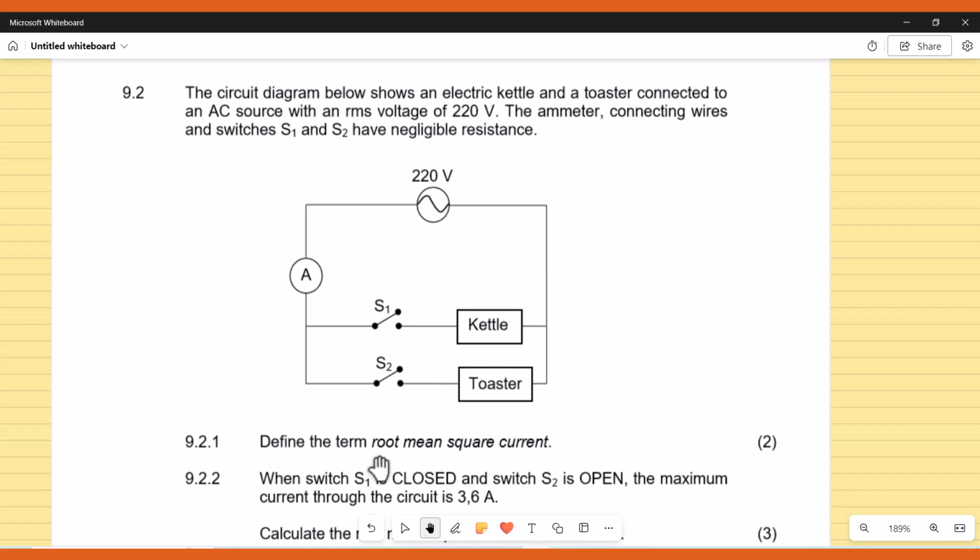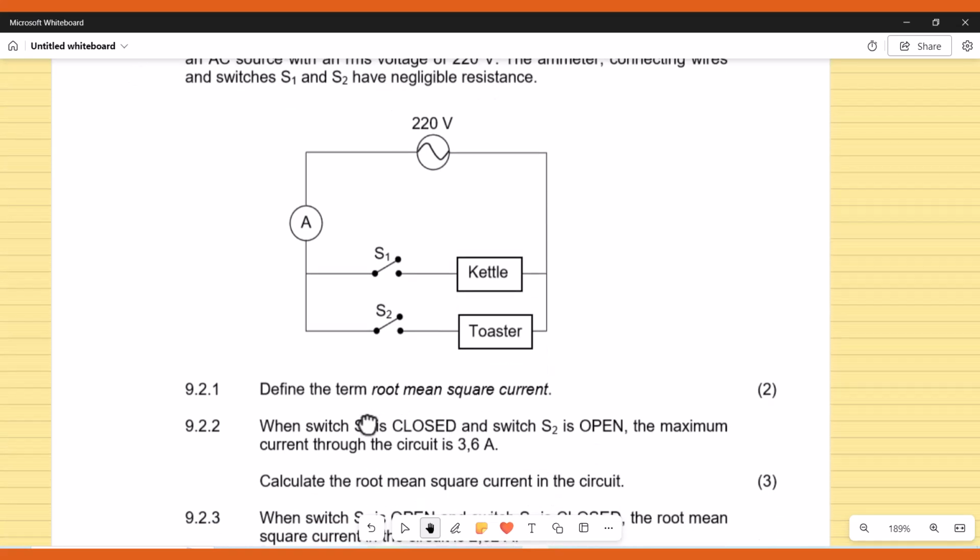They say define the term root mean square current. Now listen carefully here. We said that the root mean square current is defined as the AC current which dissipates the same amount of energy as an equivalent DC.